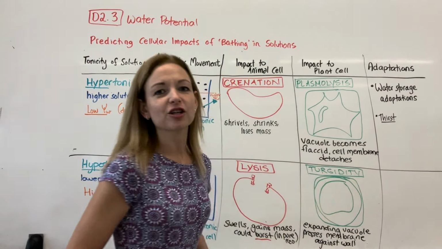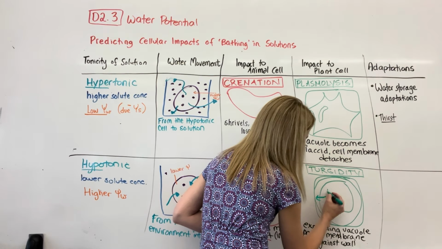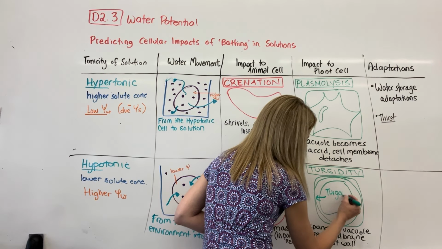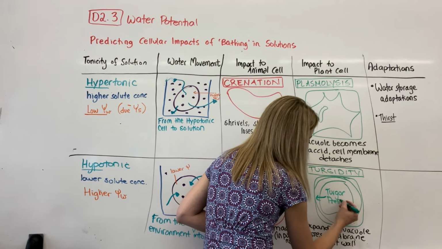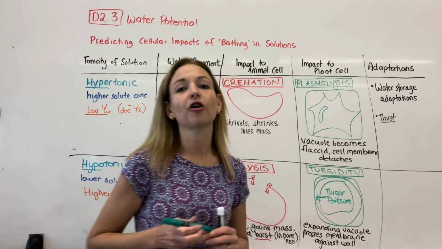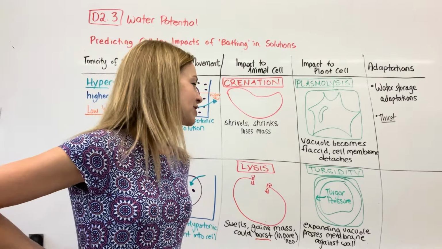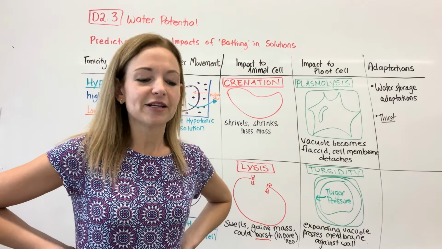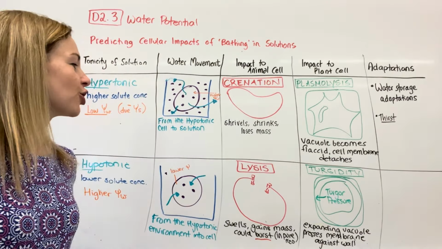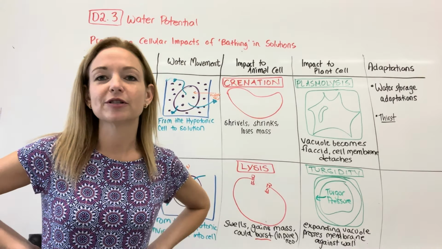And I call that turgidity. The other term that you can know for that is that this actual pressure out is called turgor pressure. When we get to HL stuff, we're going to talk more about that and actually call it pressure potential. But for an SL level, we just need to know that that pushing out is turgor pressure. So that's the turgor pressure that results.